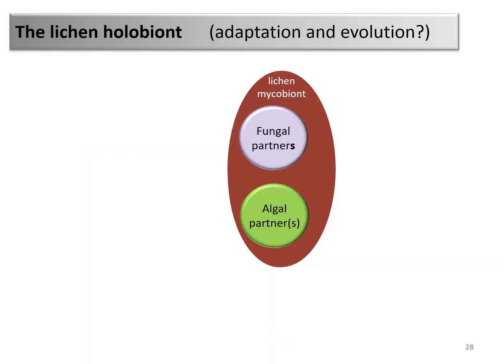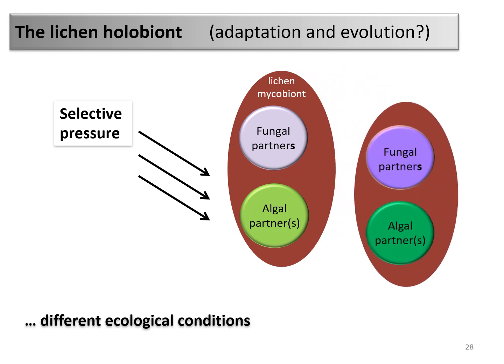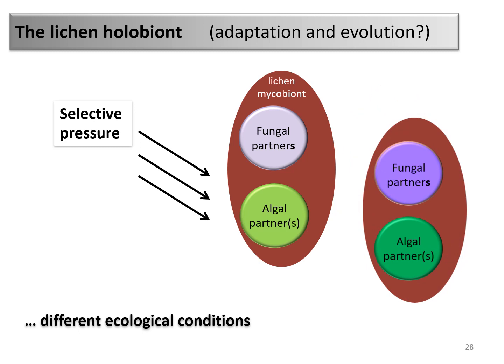So if we consider the lichen thallus as the holobiont in itself, in this case, adaptation and evolution do not regard only the fungal partners and the algal partner, but also the whole complexity of microorganisms inside the thalli. So under selective pressure and under different ecological conditions, not only the algal partners may switch and may be selected for a better one, but also the composition of the fungi may change, as well as those of bacteria.